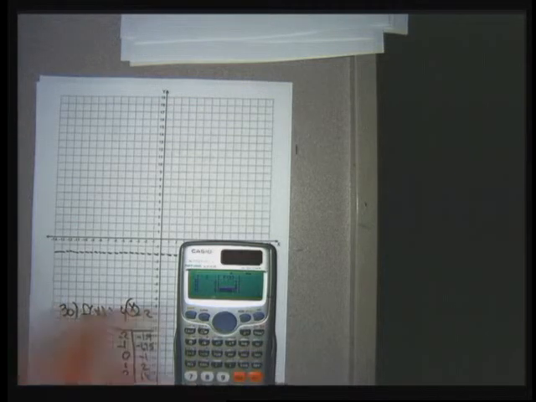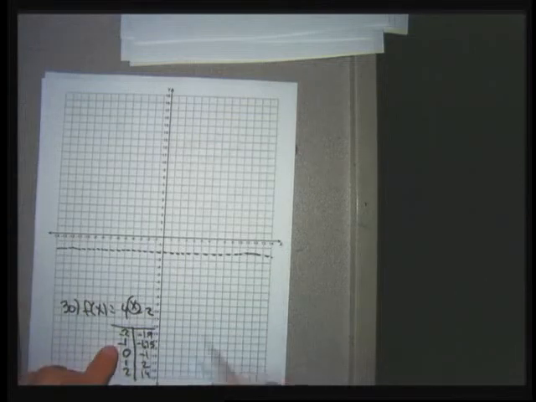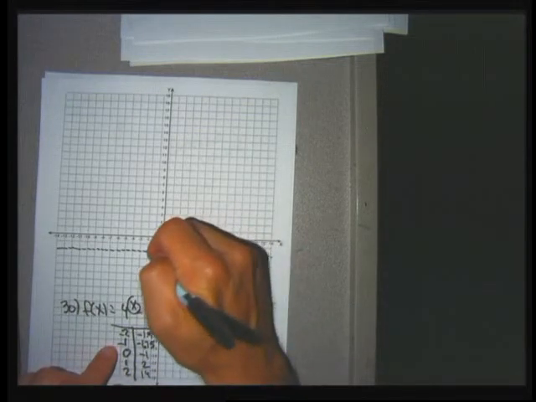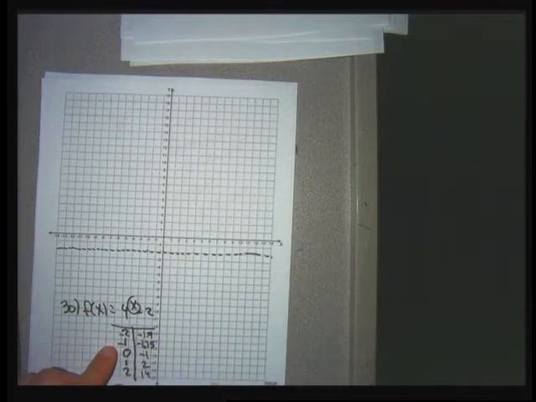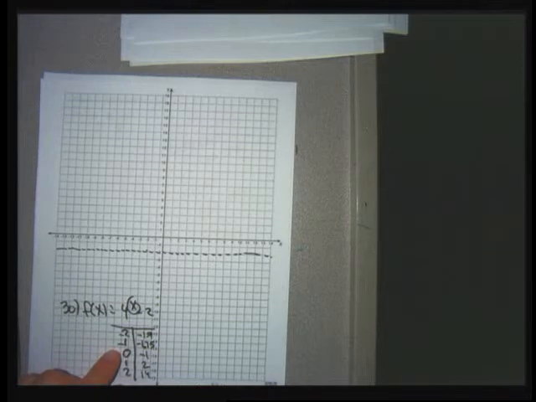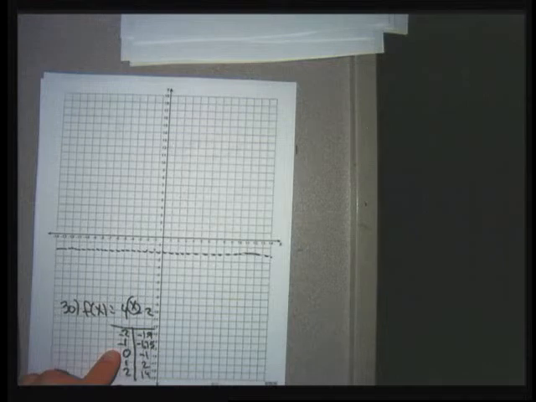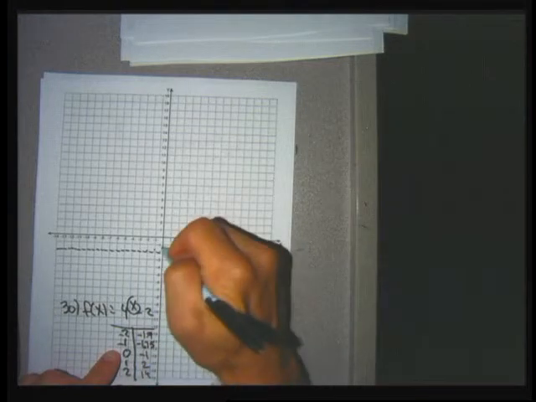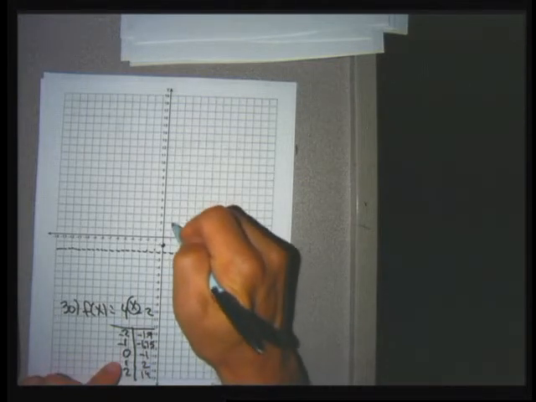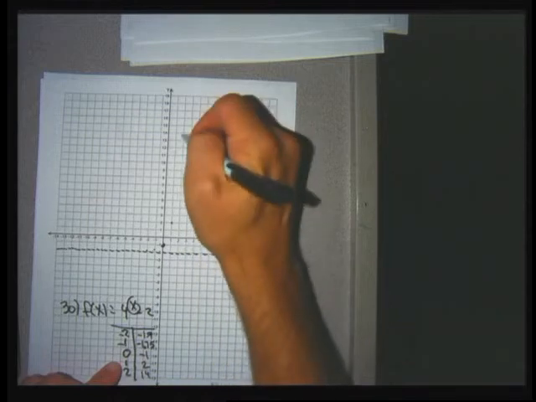So first point, negative 2 and negative 1.9 is just above that dashed line that I drew. And then negative 1, negative 1.75, it's close to that dashed line, but it's a little further away. And then 0, negative 1, 1, 2, and 2, 14.